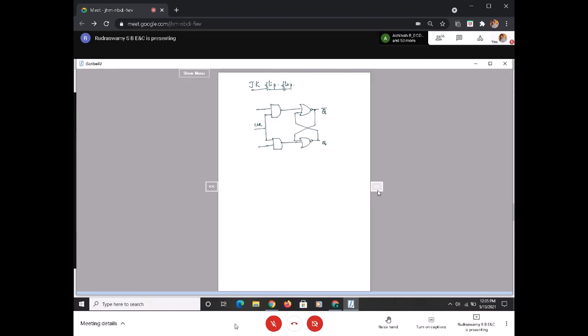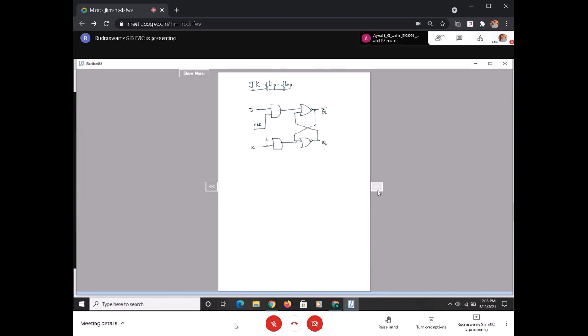This is J. So instead of S and R, I replace them with J and K. What is the other change that should come now? Only one thing that I have to do now. What is that? Anyone remembers how to get it? Three input. J should have Q bar and K should have Q as input.